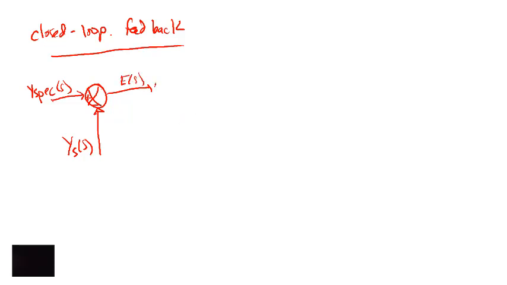The error is going to be the input for our controller. The output for the controller is essentially the control setting. The control setting is going to go into the actuator. The actuator is going to provide the input to the process, U(s).